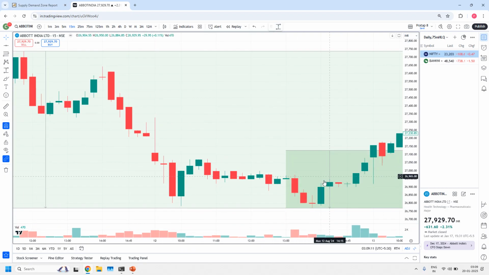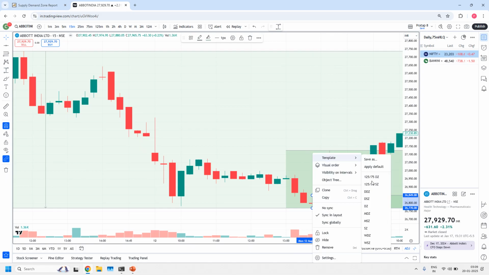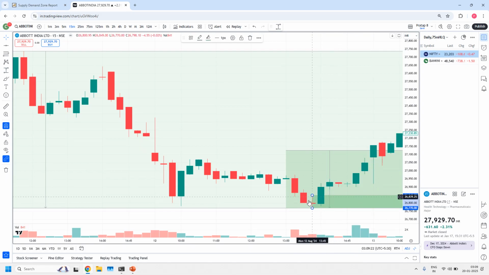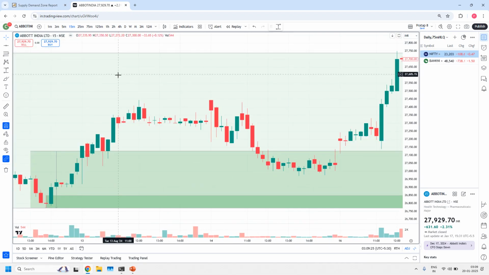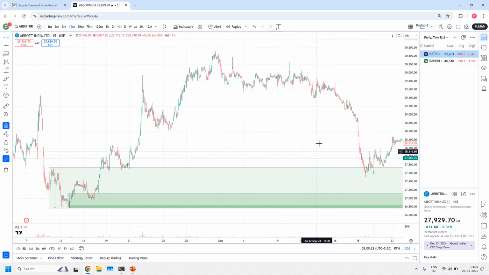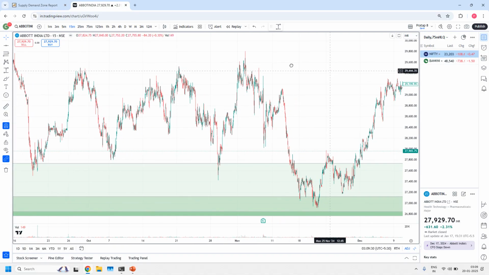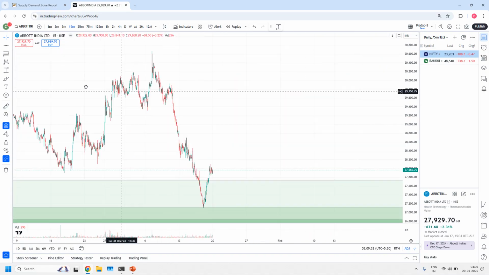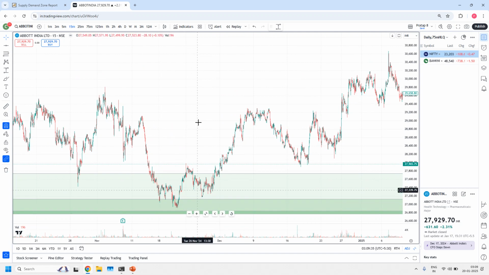This is the 15 minutes order flow. This is a fine-tuned 15-minute zone. Have prices entered into this zone at any time? They came very close to this zone. So this is not it.